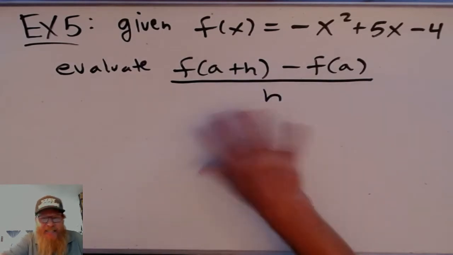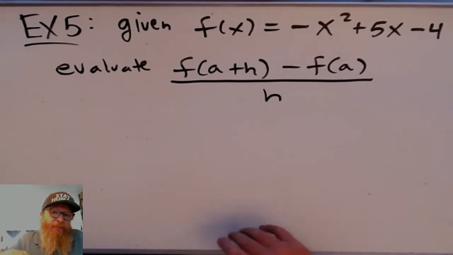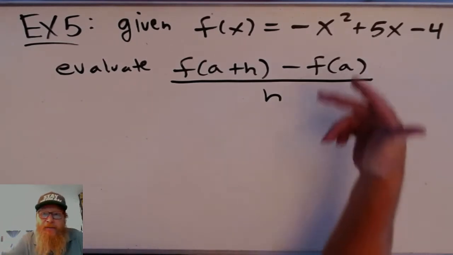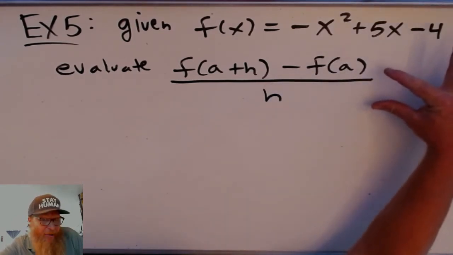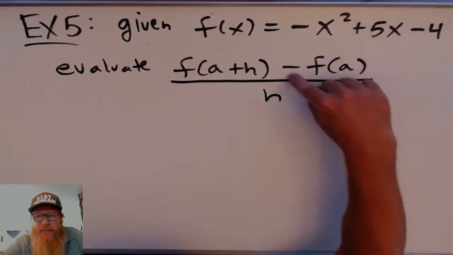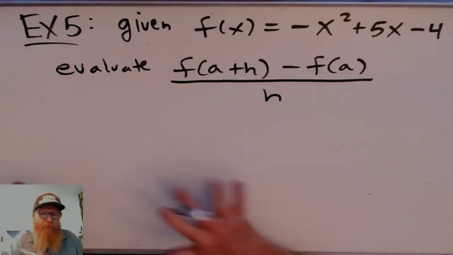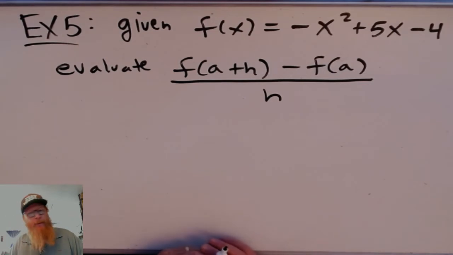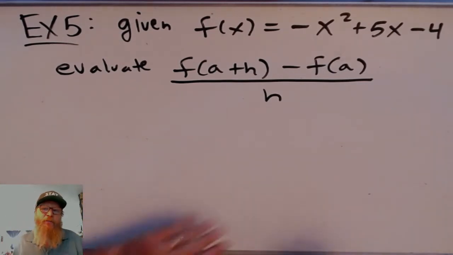This has a fancy name that we'll learn in the future. I think it's 3.3. It's called the difference quotient. I'm not going to write that down right now, but it's difference, subtraction, quotient, fraction. Another name for this is the subtraction fraction. The difference quotient, subtraction fraction. Okay. In 3.3, I'm going to make you learn that, so might as well just show you the skill now.